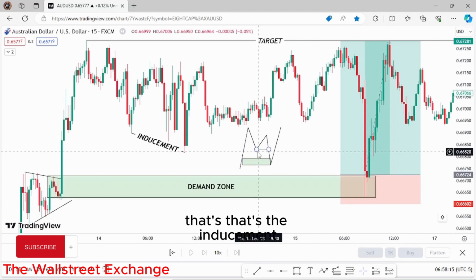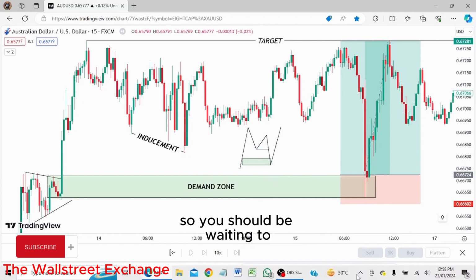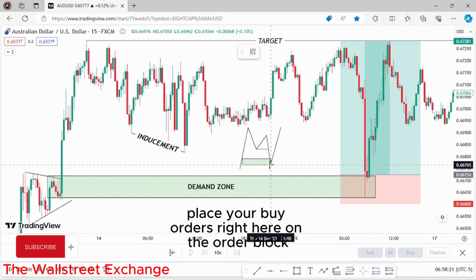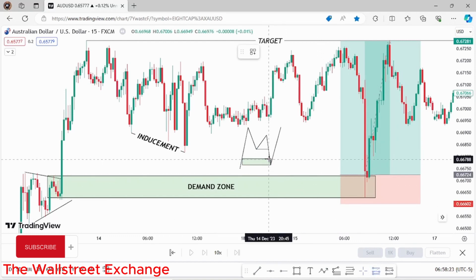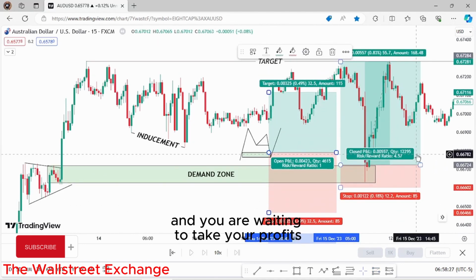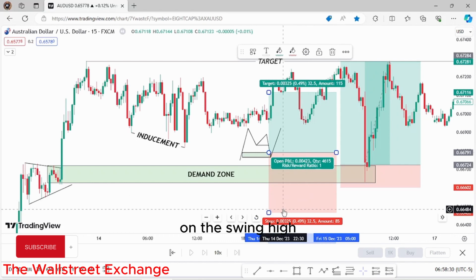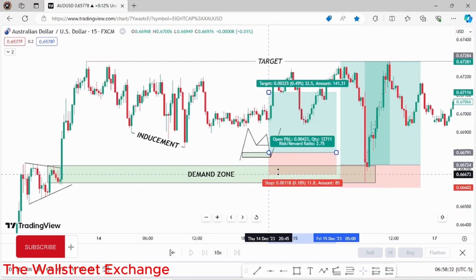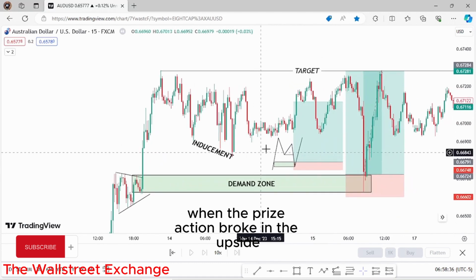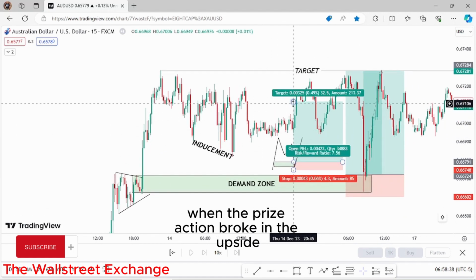Okay, that's the inducement. So you should be waiting to place your buy orders right here on the order block, nothing more than that, and you are waiting to take your profits on the swing high that was formed when the price action broke to the upside.